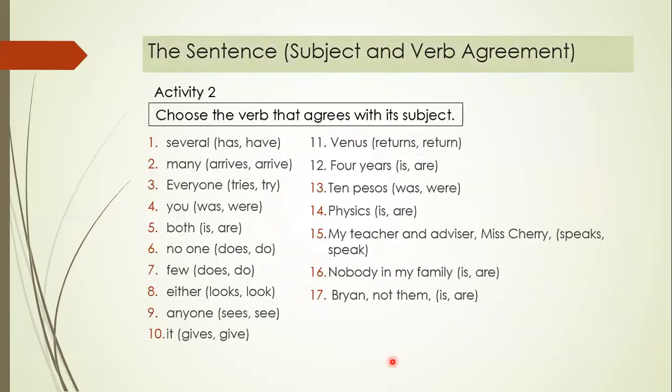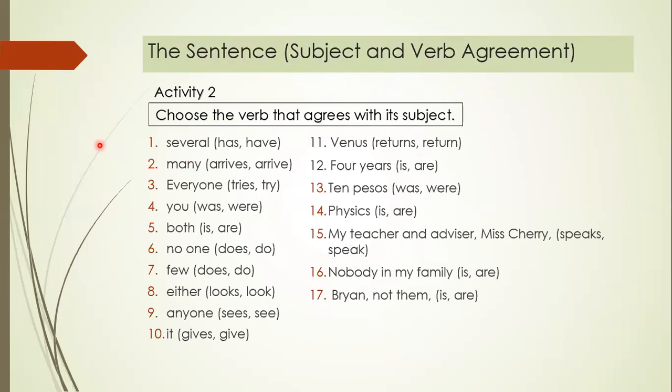Okay, let's have an activity, guys. This is just an example activity for you to answer and see how much you've learned about the presentation that I just presented to you earlier. Let's have some pronouns or subjects here and match them with the correct form of the verb. Choose the verb that agrees with its subject. You have number 1.